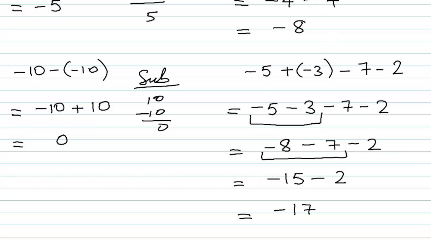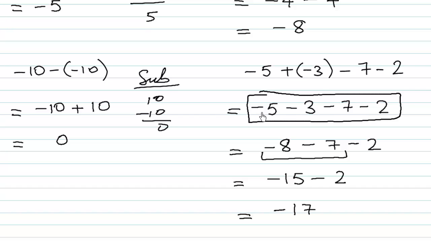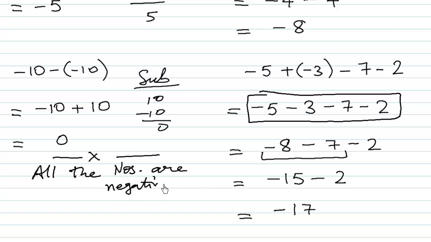But if you look at this particular step, you can see that all the numbers are negative. Minus 5, minus 3, minus 7, minus 2. So if all the numbers are negative, we can deduce that when all the numbers are negative without any exception, we can simply add all the numbers, and then place a minus sign in front of it.